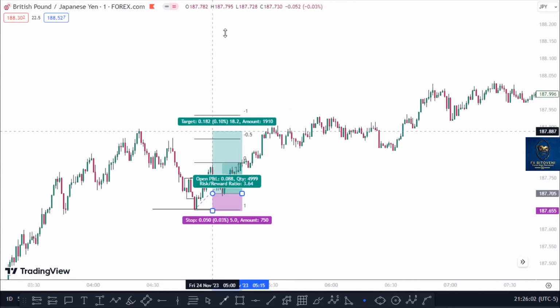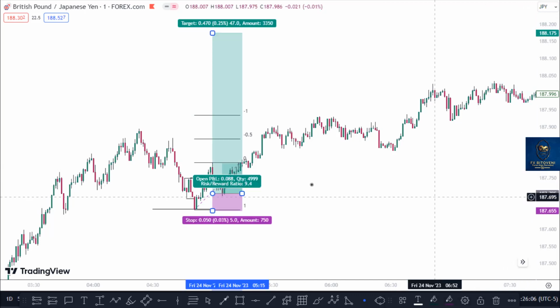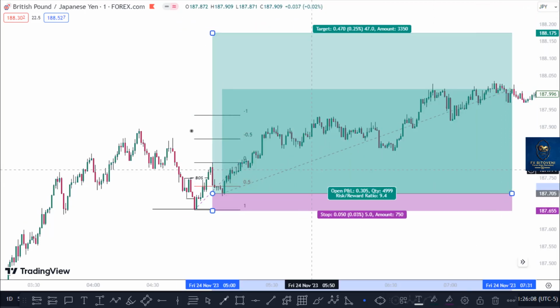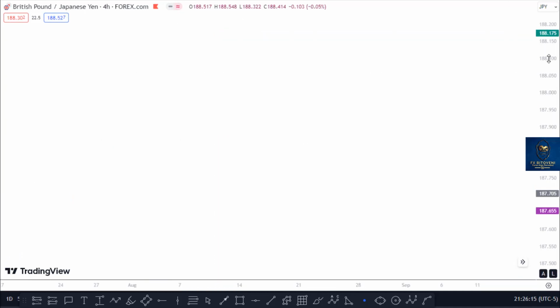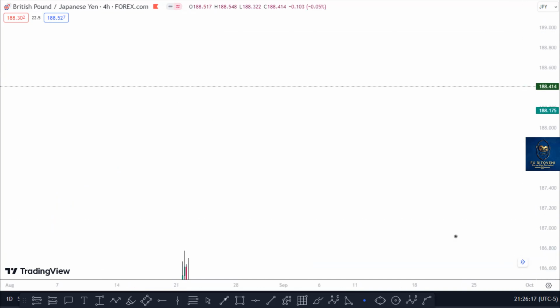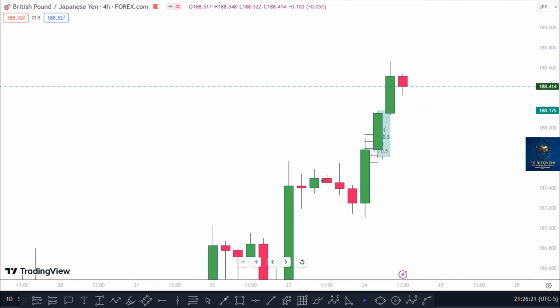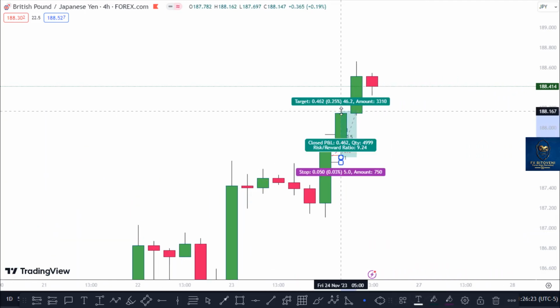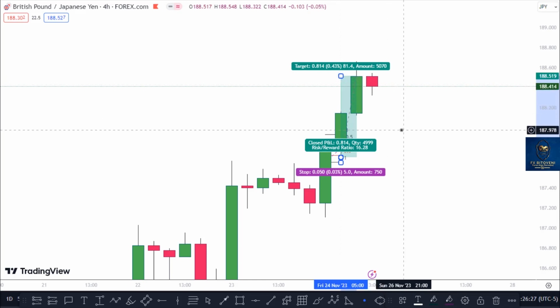You are buying the 4-hour candle, and then you enjoy the move. Do you see that? Look at this reward ratio, 1:15, 1:16.